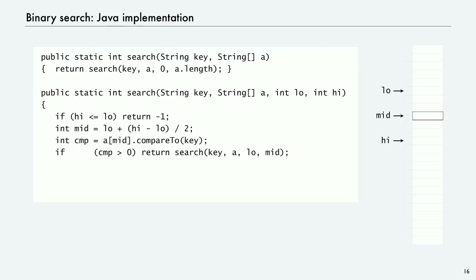And then we just test that to see whether we're in the left part of the array, in the right part of the array, or the part of the array with bigger indices, or if it's not greater or less, then it's equal to 0, and then we return successfully with the index that contains the key. So that's a recursive method that solves this problem.